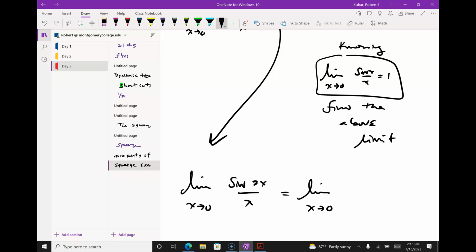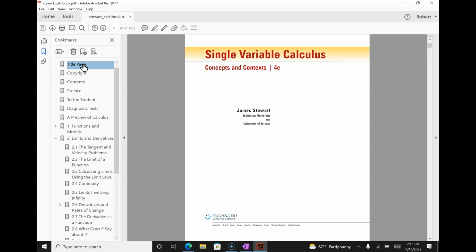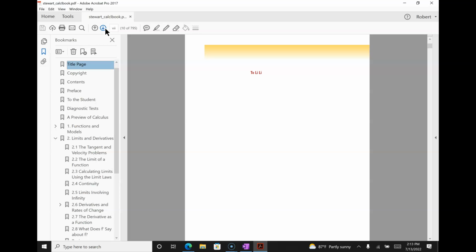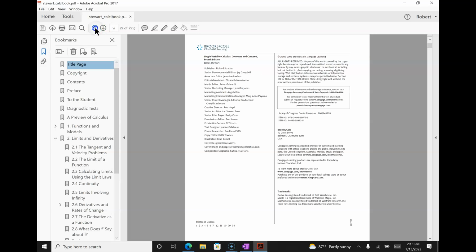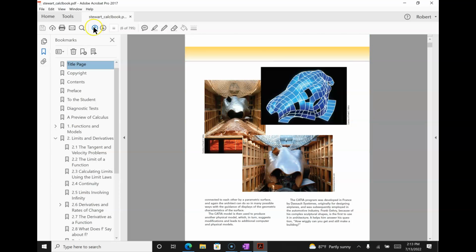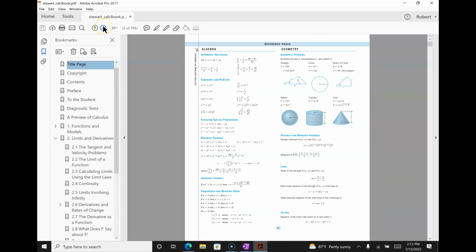If you take a look at our textbook, when you first open the book, if you bought the physical book, there's a cardboard, a thick piece of paper that has everything on it that you should have memorized from pre-cal.